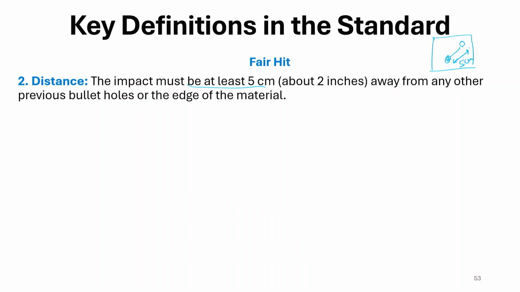Up to this point it is accepted, but if some hit is within this zone, it is not accepted. This one is the first hit, the second is correct, and the third one is rejected. So, it should be at least 5 centimeters away from any other previous bullet holes.